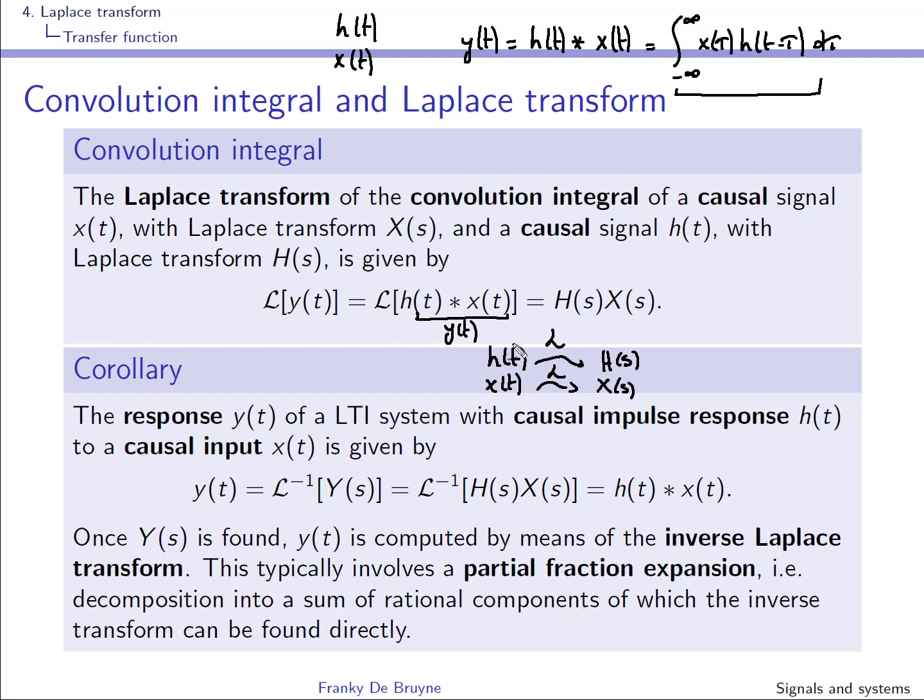And you know that taking the convolution in the time domain is simply writing a product in the Laplace domain, so you'll have h of s, x of s. Okay, so you have the Laplace transform of y of t, and then the only thing that you have to do is take the inverse Laplace transform and you have the resulting response.